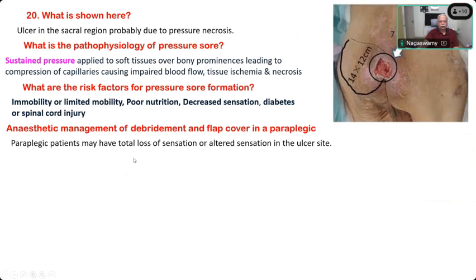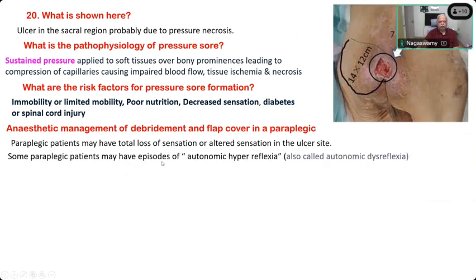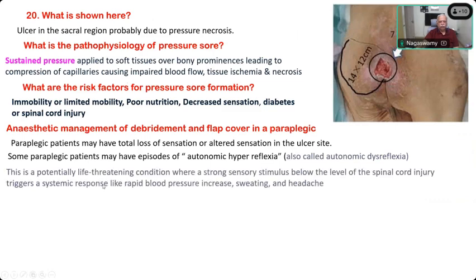So paraplegic patients may have total loss of sensation or altered sensation in the ulcer site. Okay. Some paraplegic patients may have episodes of what is called autonomic hyperreflexia. It is also called autonomic dysreflexia. This is a potentially life-threatening condition where strong sensory stimulus below the level of spinal cord injury triggers a systemic response like rapid blood pressure increase, sweating, and headache.